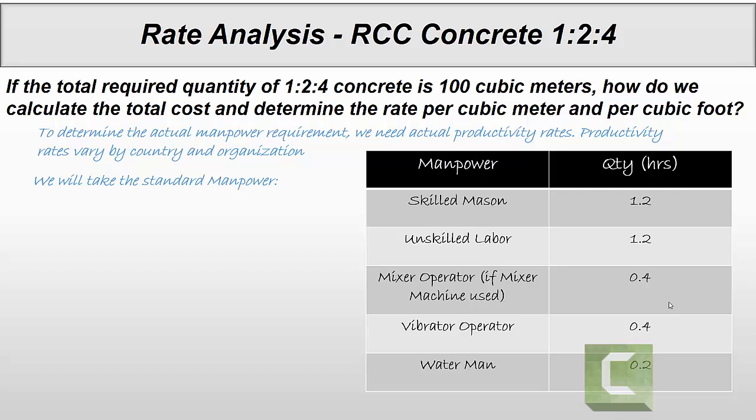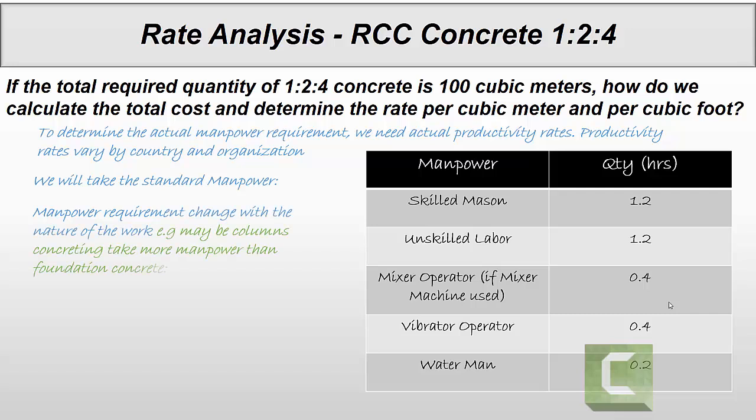Mixer operator, if we use mixer machine, 0.4 hours, vibrator operator 0.4 hours, and waterman for curing is 0.2 hours. This is for standard norms, but requirement of manpower will change with the nature of work. For example, a column needs more manpower than a foundation, as well as beams or slabs.